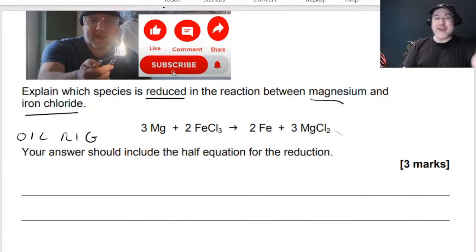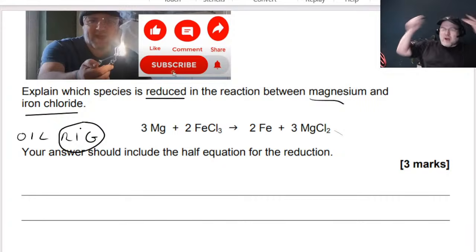It says explain which species is reduced. I definitely know I can get one of those 3 marks by saying because it gains electrons, from OIL RIG. So this is exam technique. You're baffled, like, I ain't got a clue. But if you come out with 1 out of 3, you've actually done pretty well. You've remembered that reduction is gain of electrons.